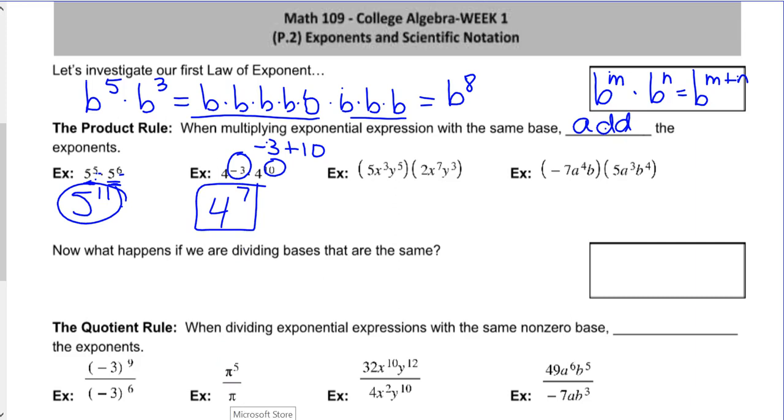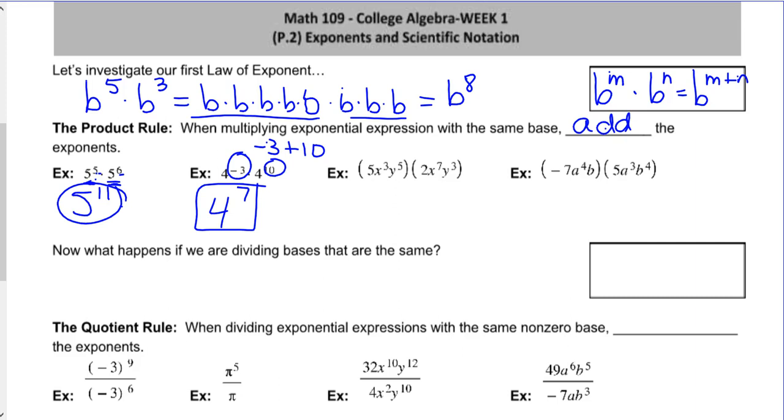Now, when I look at something like this that has 2 things multiplied together, we want to make sure that we are doing things separately. When I look at these, what we call monomials, we look at the numbers first, then the x's, then the y's.